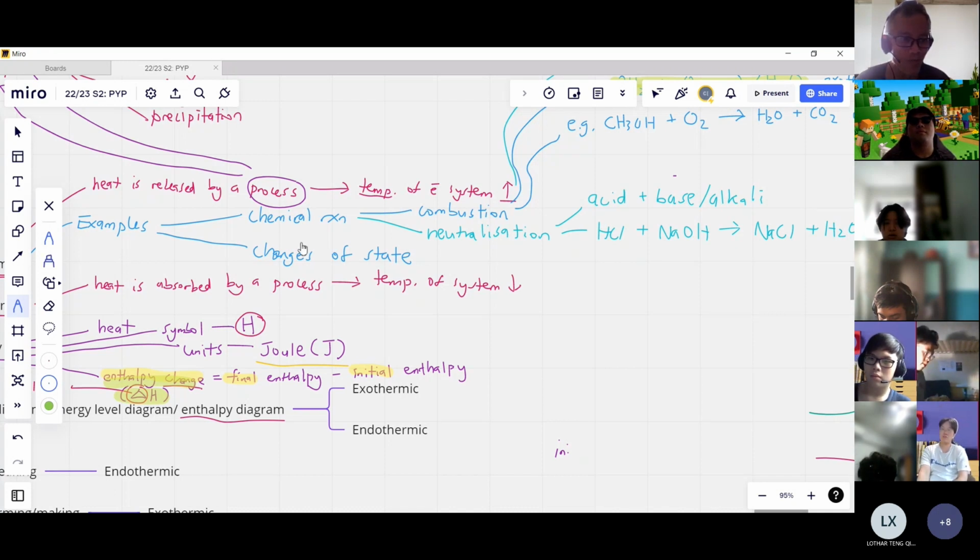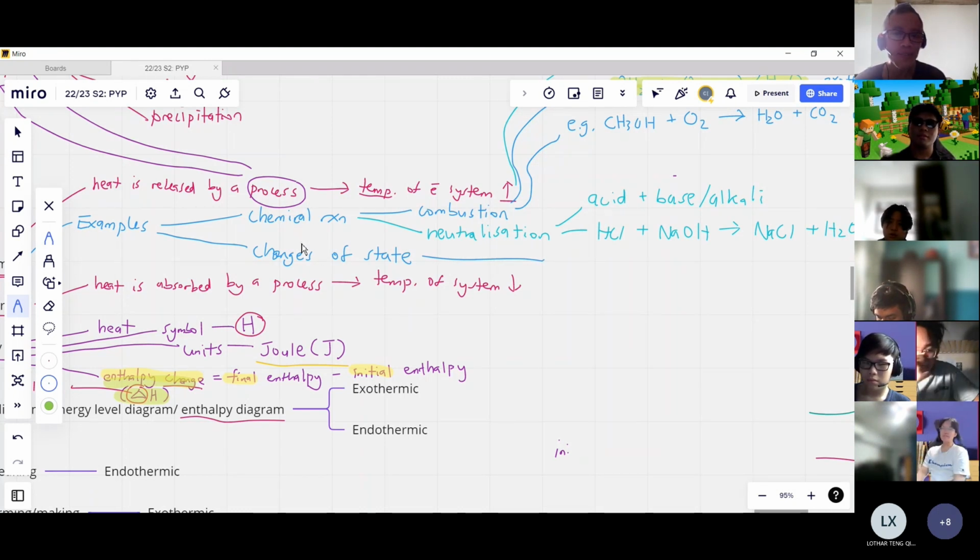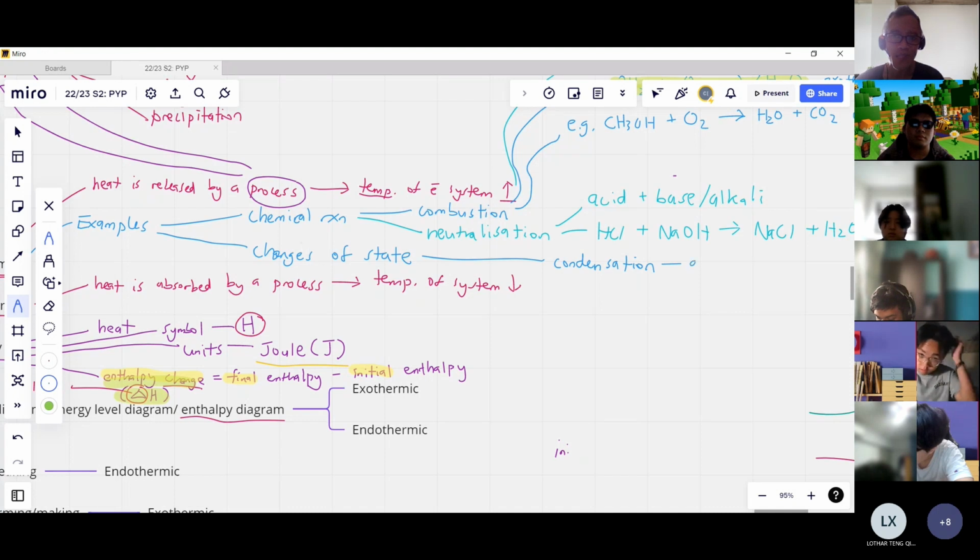But anyway, you're supposed to know that these changes of state are exothermic. So for example, condensation. That means from a gas or a vapor, it turns into a liquid. Actually heat is given out, but you probably can't feel the heat.